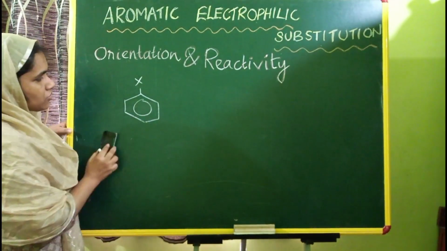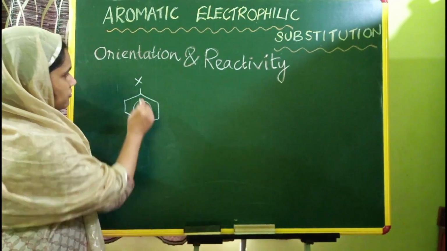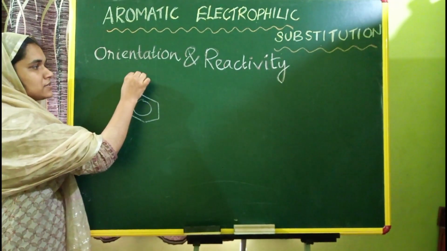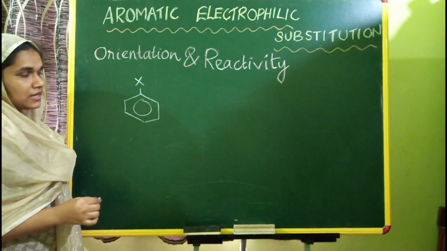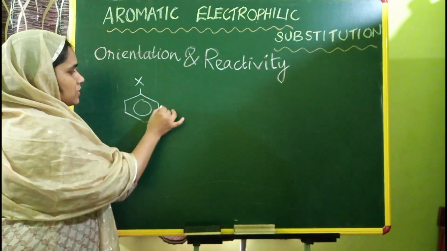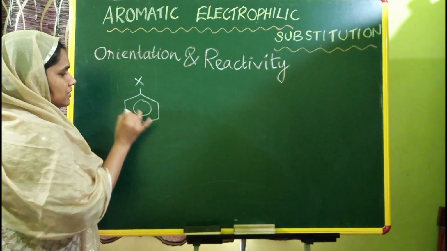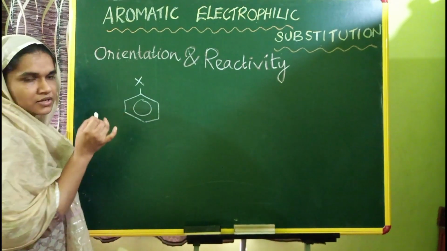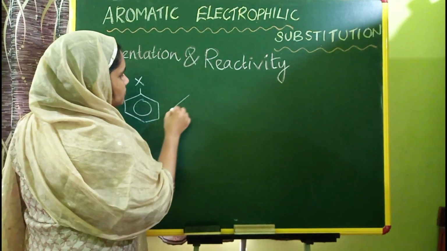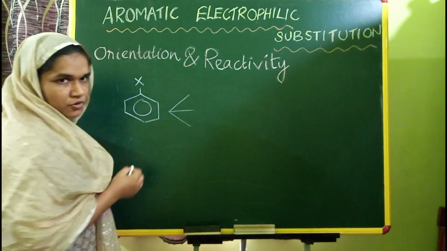But if an existing group X is present, there is a possibility of removal of hydrogen from here, then here, then from here. So 3 sets of products may be obtained.